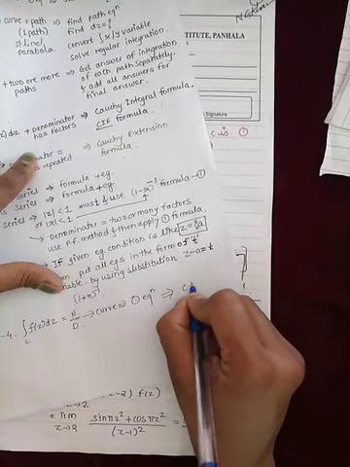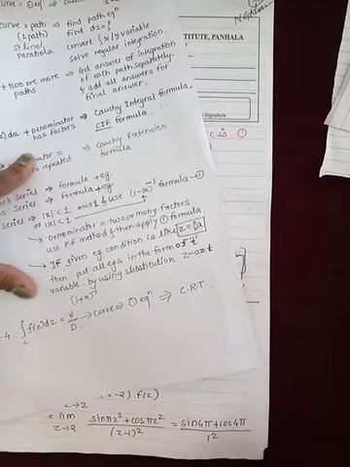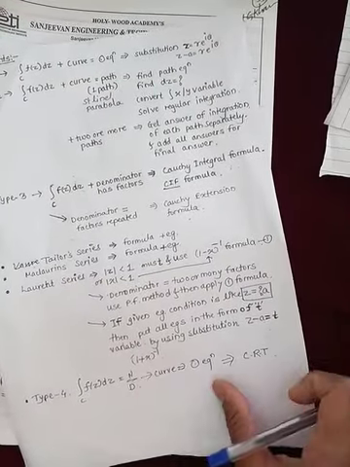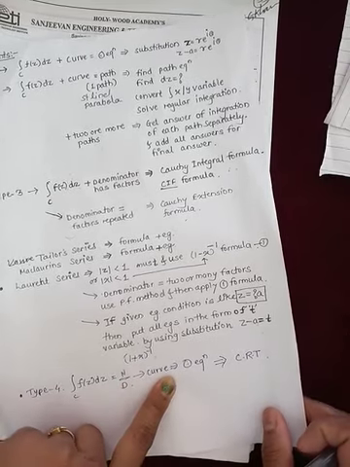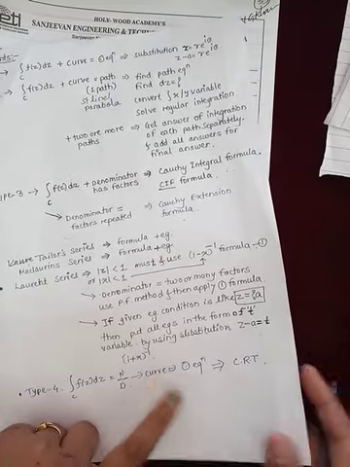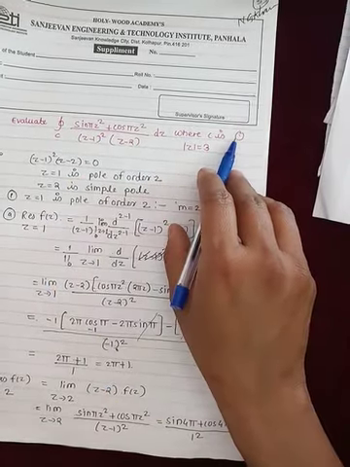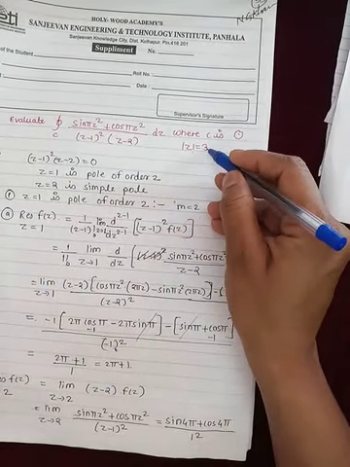Then use the Cauchy residue theorem. We are seeing this type of example based on the Cauchy residue theorem formula. Here the circle equation is given, mod z equal to 3.